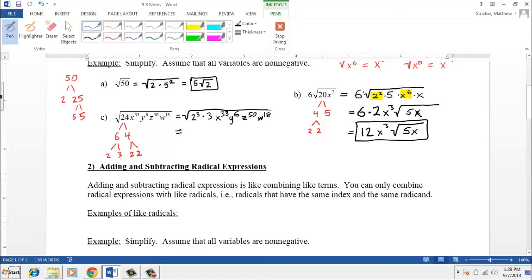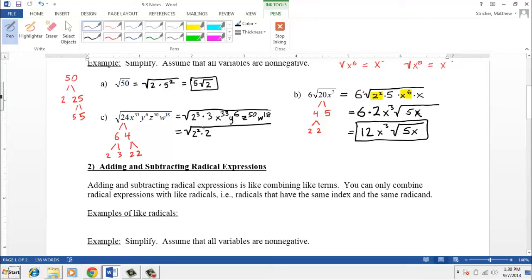Now we want to talk about rewriting it in a way so that we have things that we can pull out. For example, on the 2 here, we have 3 2's. Well, I can only take the square root of an even power, so I can take 2 squared times an extra 2. You could get in the habit of actually writing this from the very start if you wanted, rather than writing 2 to the third power times 3.